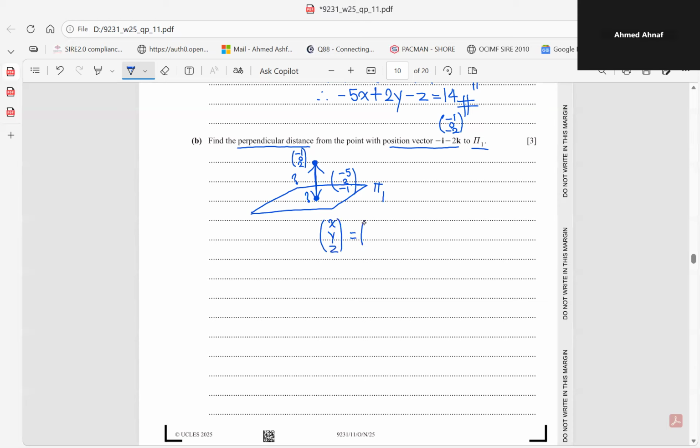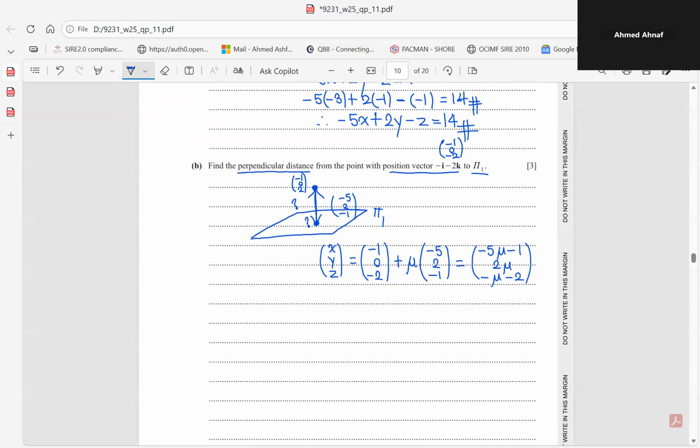The initial starting vector is just the position vector -1, 0, -2 plus mu, which is a scalar of the direction vector, which is the normal vector, -5, 2, -1. And this is just -5 mu -1, 2 mu, minus mu -2. So that's x, y, z.